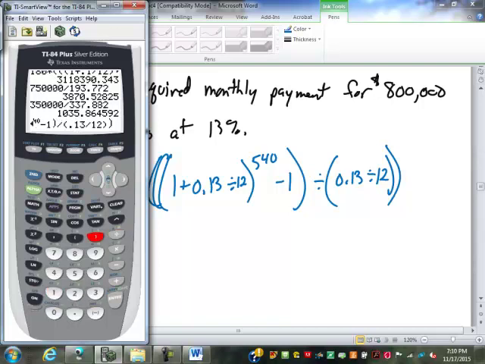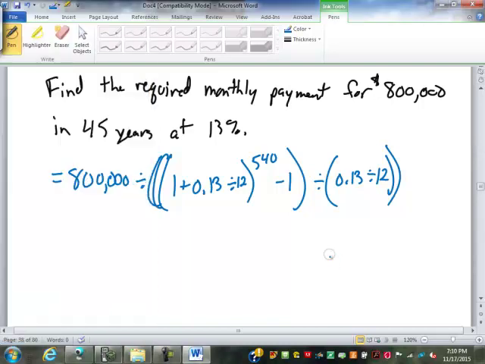Now before I hit enter, what did some of you guys get for payments? $25.83. There it is, $25.83. That's the power of being young again.